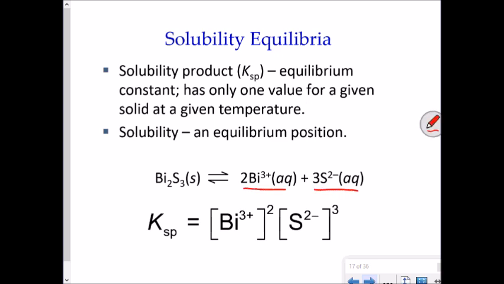And the bismuth has a coefficient of 2, so you're going to raise it to the second power. And the sulfide over here has a coefficient of 3, so you'd raise it to the third power to get your Ksp expression. So it's the same thing, except for this doesn't count because it's a solid, so you would not put it into the expression. Nothing is going to end up on the bottom.